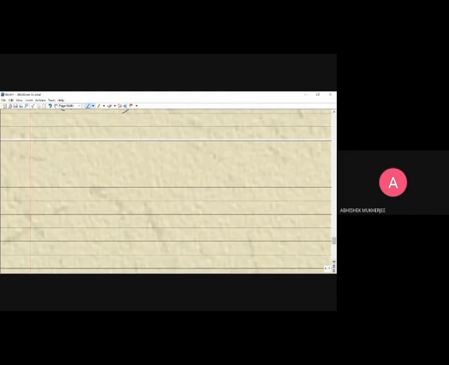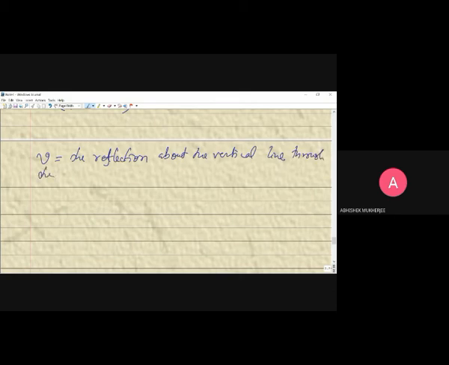Fine. Next one, V. The reflection about the vertical line through the center.